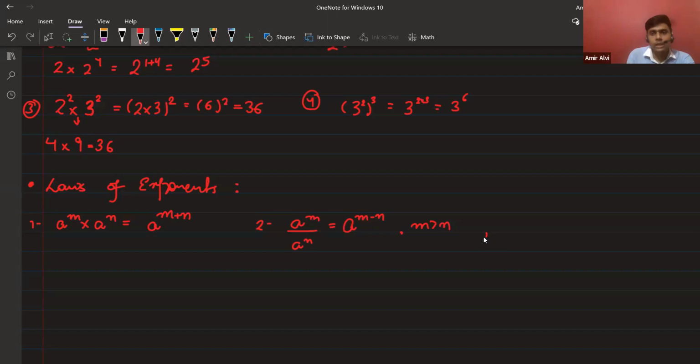Next thing is, if the base, so a to the power m into b to the power m, what should it be, Simrat? We have just taken an example of the same kind. Third one, tell me, I've given you a hint.